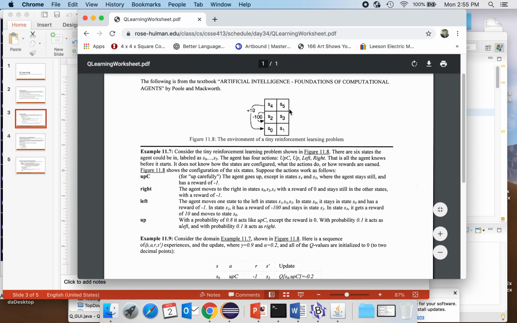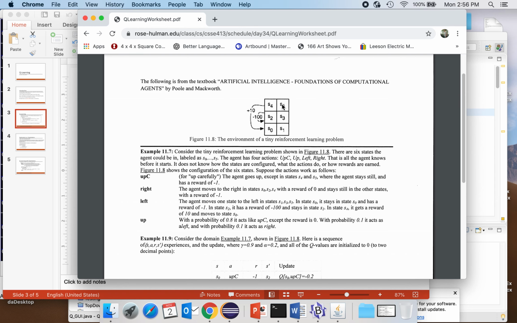Going right in S0, S2, S4, we will go right. We end up in S1, S3 and S5 correspondingly, and there's a reward of 0. If we try to go right in S5, S3, or S1, there's a reward of -1, and we stay still. Left, the agent moves one state to the left in S1, S3, S5, so S5 to S4, and so on. But it's a little bit different in these three states.